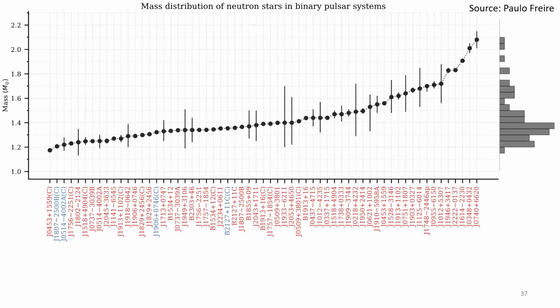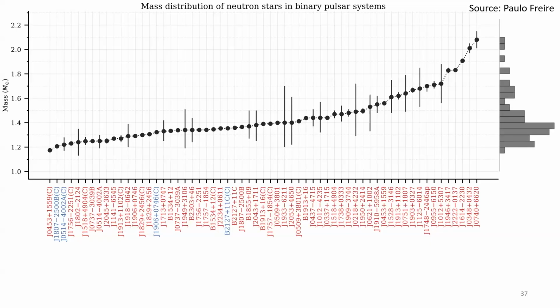There's a long history of using various types of GR effects to infer the masses of two components in a binary system, for instance, and there are these large libraries that nowadays exist that just list various pulsars, various neutron stars and their masses with some, I think, 2 sigma error bars that are shown here.